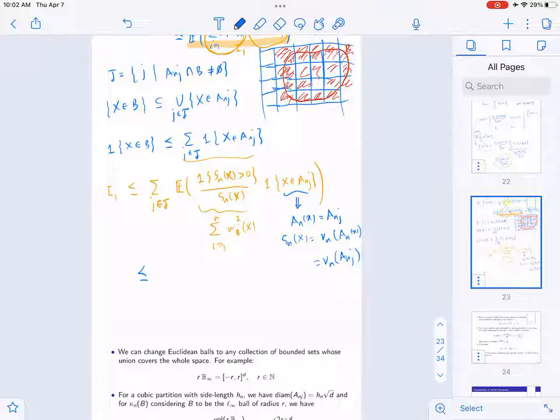So what I'm going to get is the sum over j in J of the expectation of the indicator that N(A_nj) is bigger than 0, divided by N(A_nj), and then the indicator.